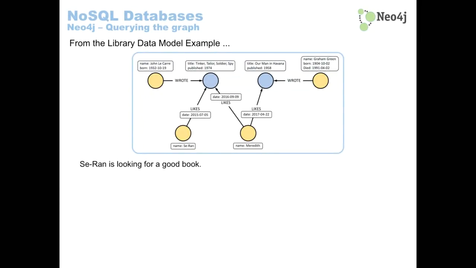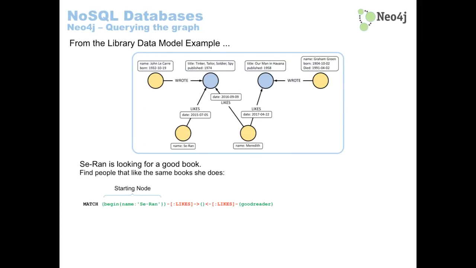So it turns out that Seiron is looking for a good book. So step one is find people that like the same books that she does. And so here is a query to do that, a graph traversal. You specify the starting node by giving a property of that node.